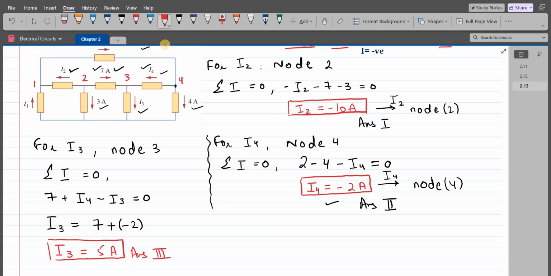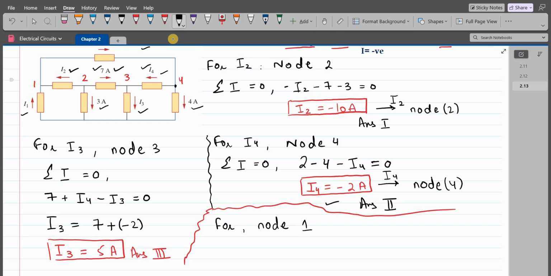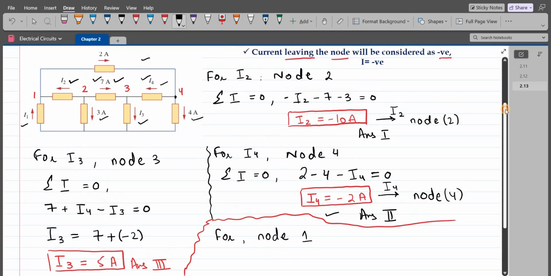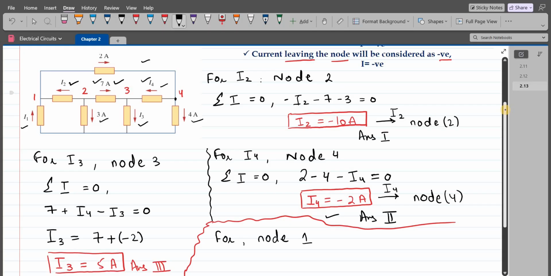Now we have to find the last current, which is the current I1. So for I1, we can consider the node 1. And at node 1, I1 is entering the node and I2 is also entering the node. So these two will be considered as positive. 2 ampere is leaving the node, so it will be considered as negative.